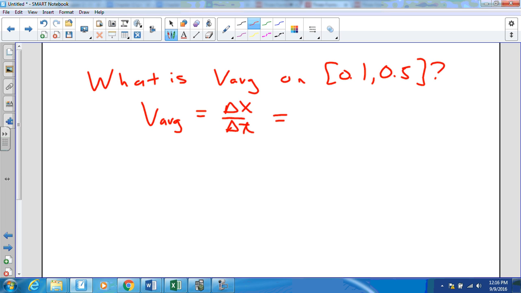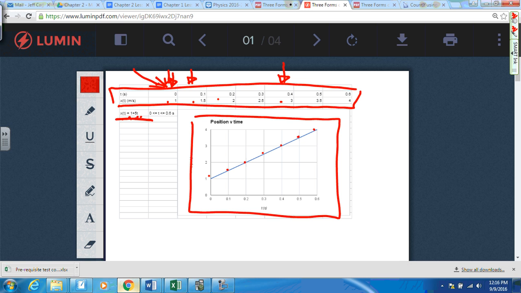And now, to get my delta x and my delta t, I am going to go to the graph and read the data points off at the appropriate time intervals. Going to 0.5, which is my final point, it looks like my position is right around 3.5, but I have to read that off the graph.